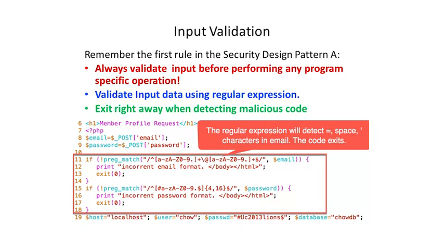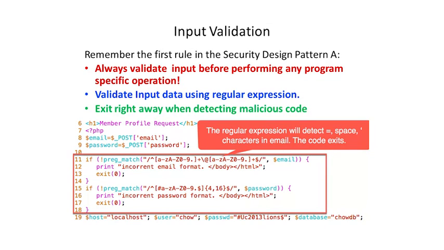Here we have two input validation if statements right after we read in the email and password. We validate the email and password with regular expressions. The email regular expression pattern does not allow the equal sign, the space, and the single quote character to pass through, because as an email, you shouldn't have any of those characters.